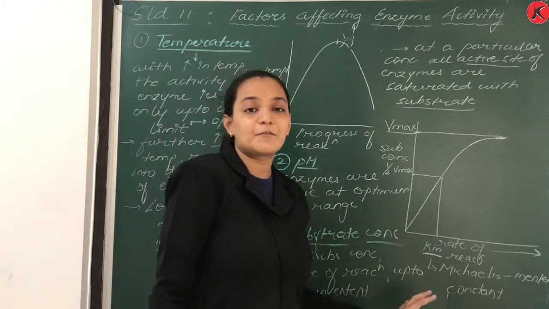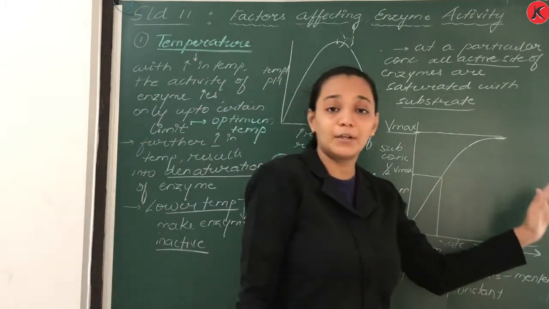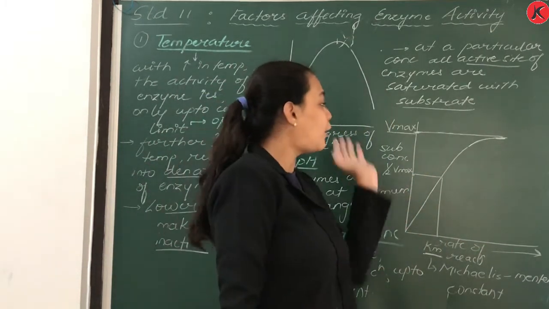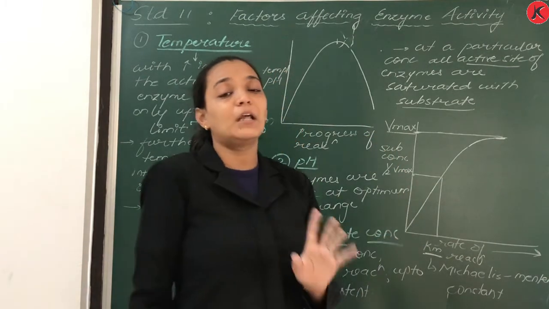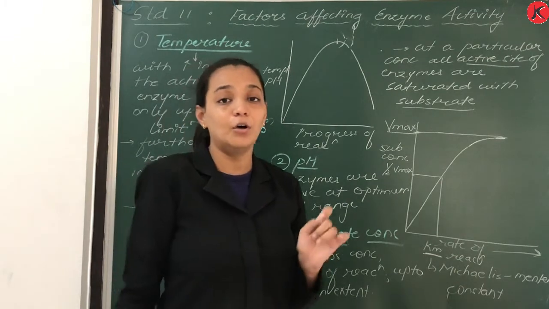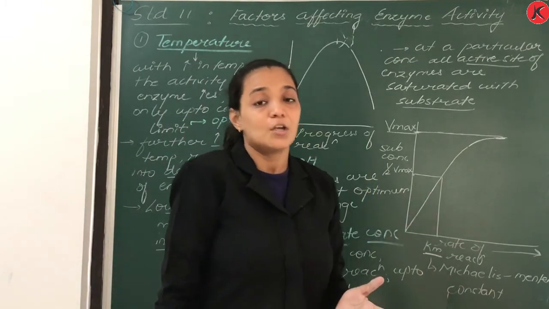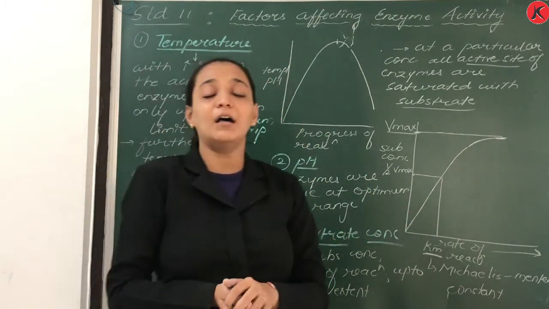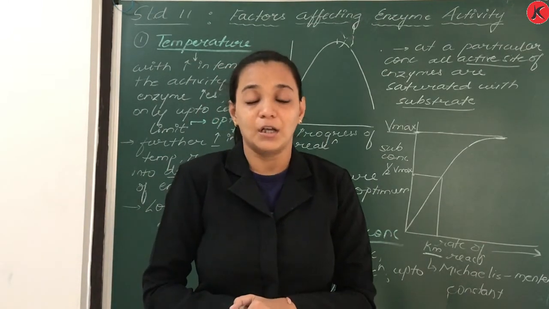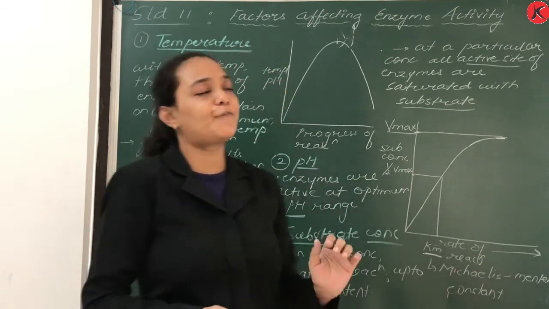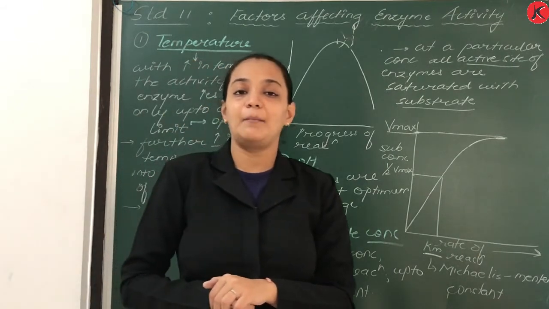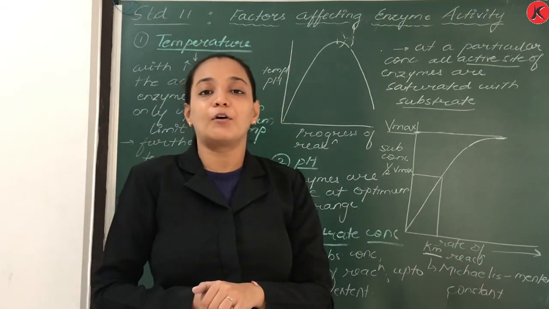With the increase in substrate concentration, the rate of reaction is going to increase, again up to a certain limit, after which if you keep on increasing the amount of substrate, the rate of reaction is not going to further increase. So these are three factors. Besides this, in the next topic we will discuss enzyme inhibition, which is also considered a factor which affects enzyme activity. So we are going to talk about enzyme inhibition and nomenclature of the enzyme.